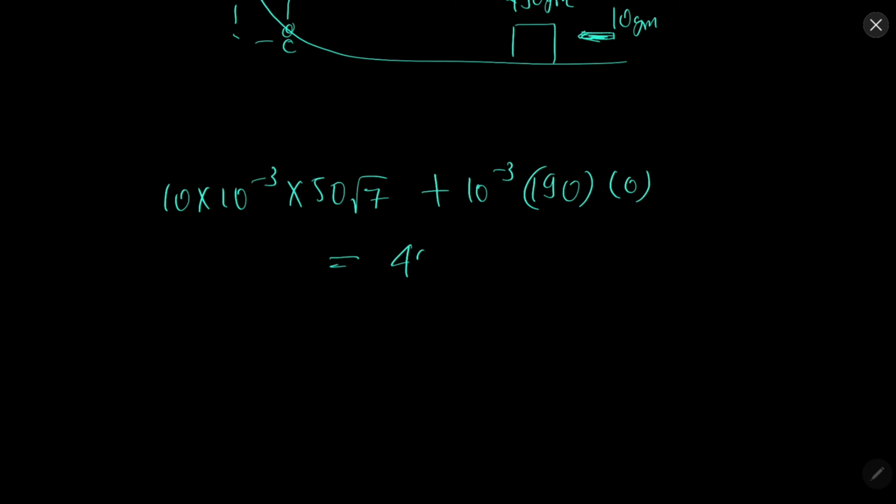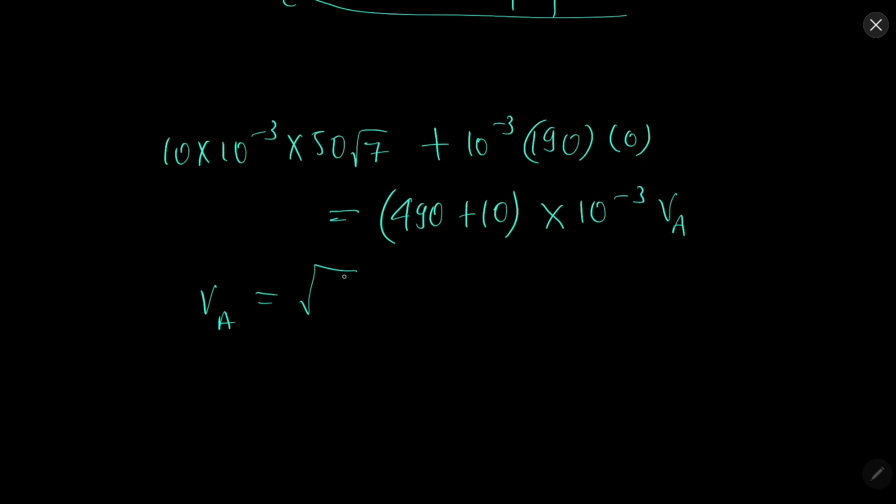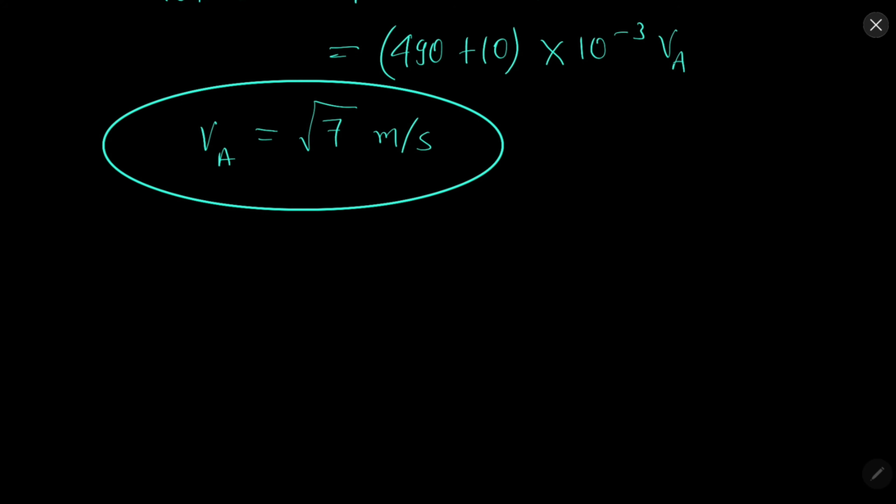So equal to 490 plus 10 into 10 to the power minus 3 into VA. So VA will come out to be root 7 meters per second.